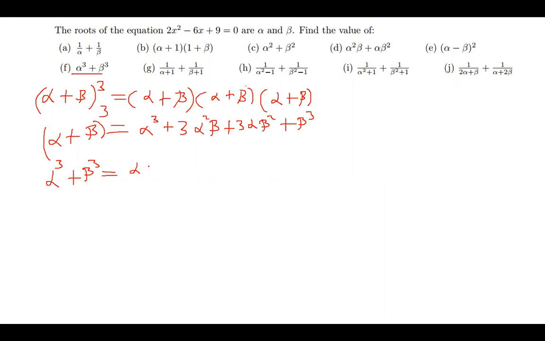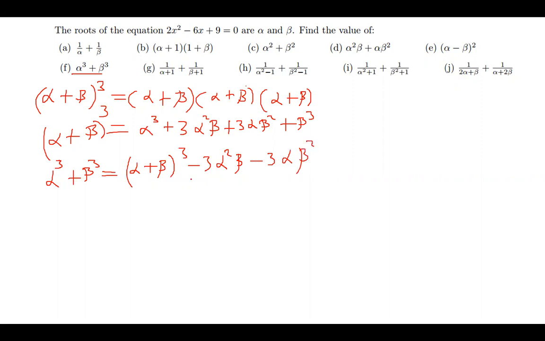On the other side, we already have alpha plus beta raised to power 3. Then we take negative 3 alpha squared beta and negative 3 alpha beta squared.